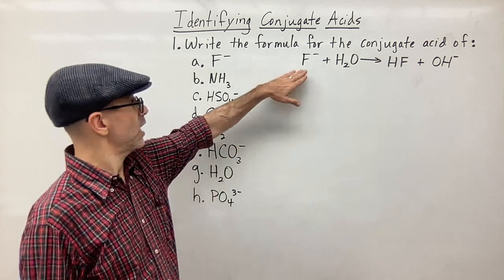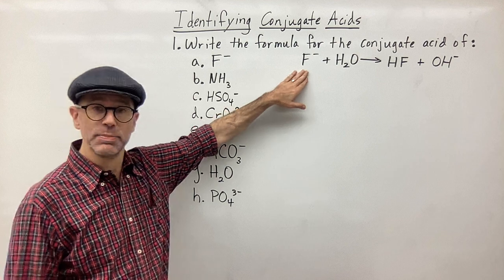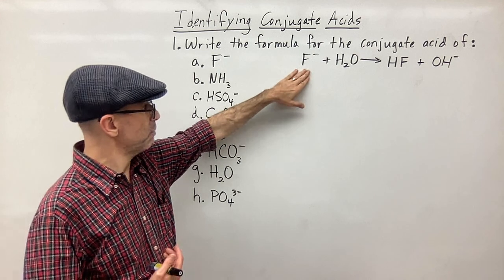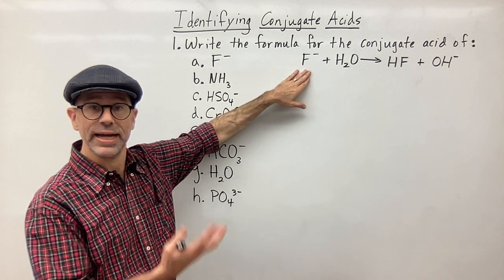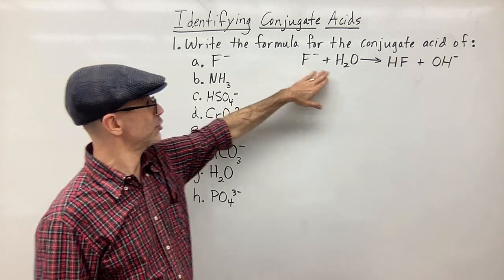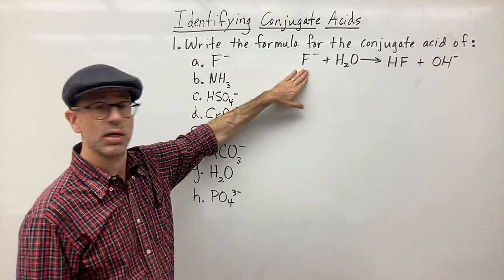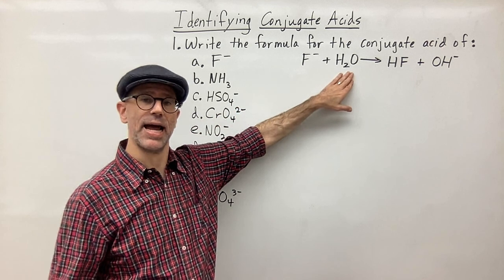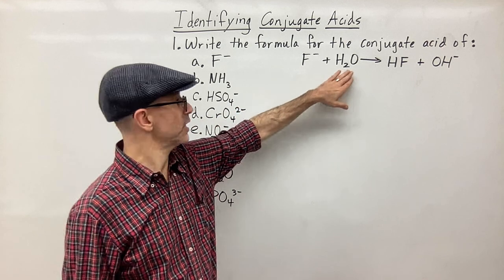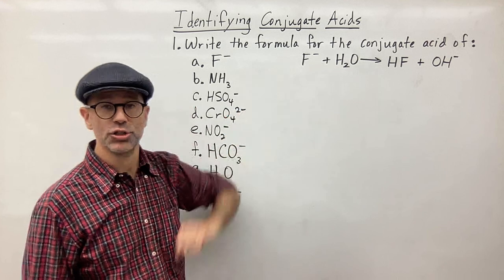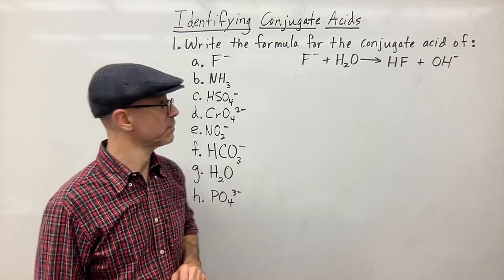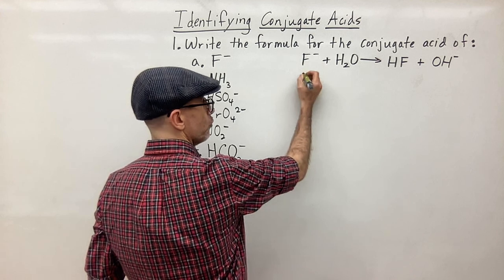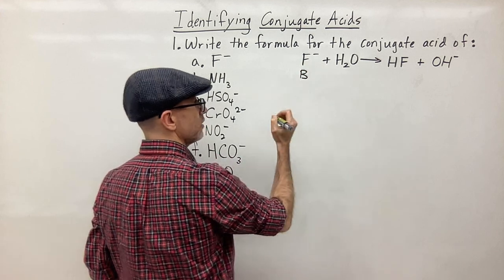So in this case, the fluoride ion is behaving like a Bronsted-Lowry base because it is accepting a hydrogen, or H plus, from the water. And water is acting as a Bronsted-Lowry acid because it is donating hydrogen to your F minus. So the fluoride ion is the base.